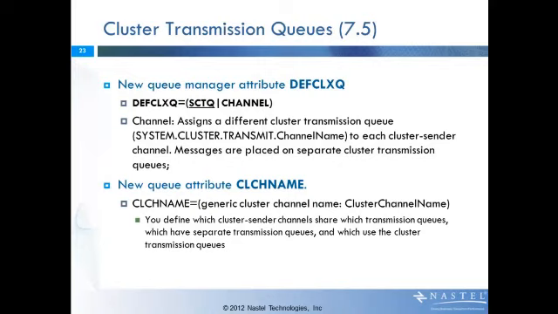It's a way that you can define generic names to map to a group of channels that are part of a cluster, and you can associate this queue with it. Again, that would allow you to spread the work for this queue to different transmission queues than other queues for the same cluster. Again, it's an option you can take advantage of if there's a specific need in your environment around cluster queues that have different characteristics.